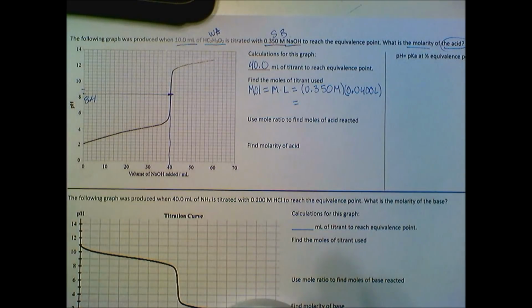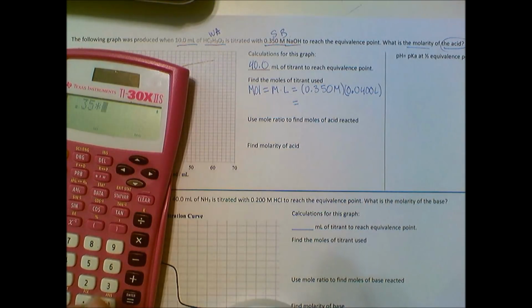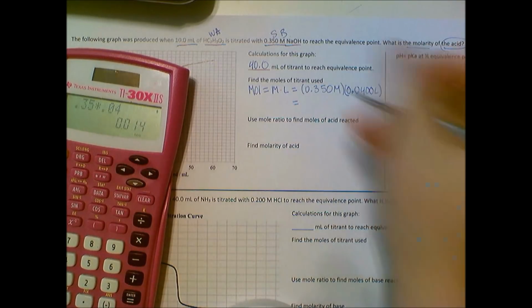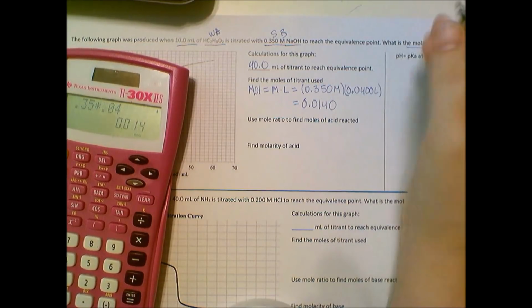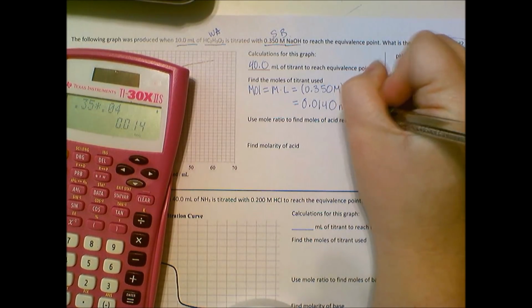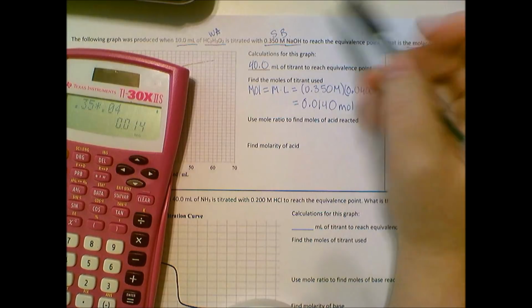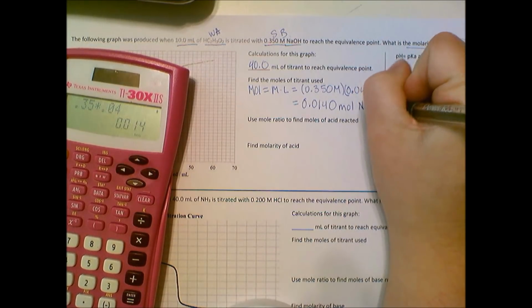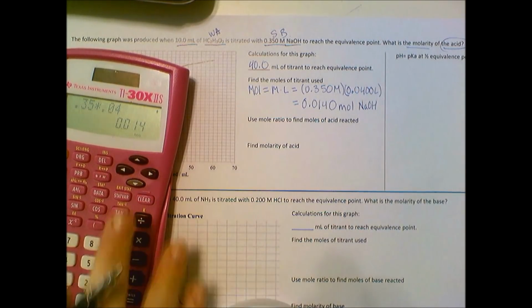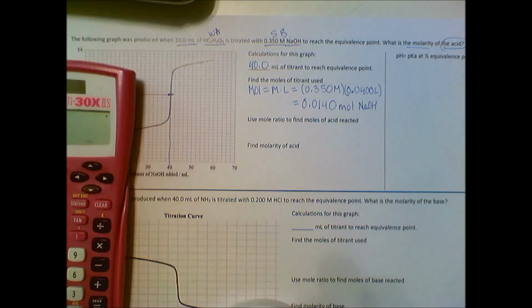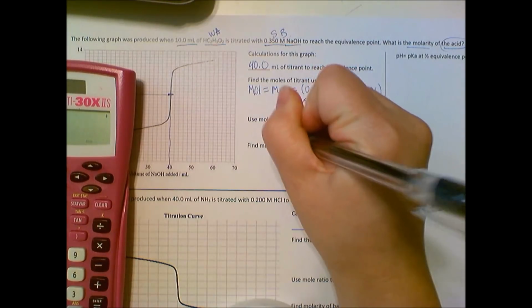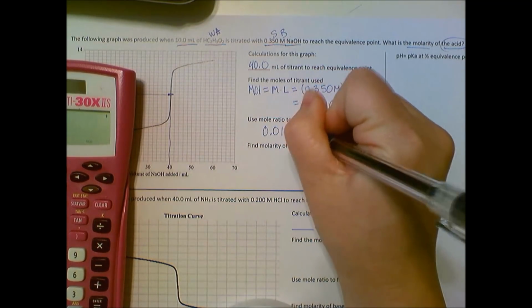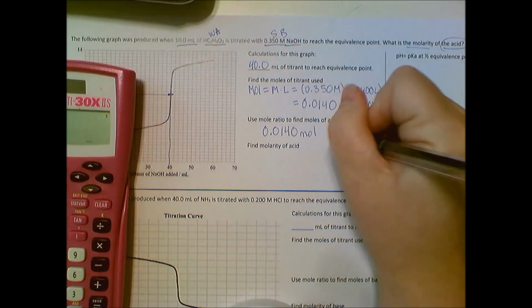So we have 0.35 times 0.04, and we get 0.0140 moles of our titrant. So that is of the NaOH. So that's our base being dropped from the burette into our acid in the flask. So now our mole ratio, it's 1:1, so equal moles of our acid to our base. So we can just make that assumption.